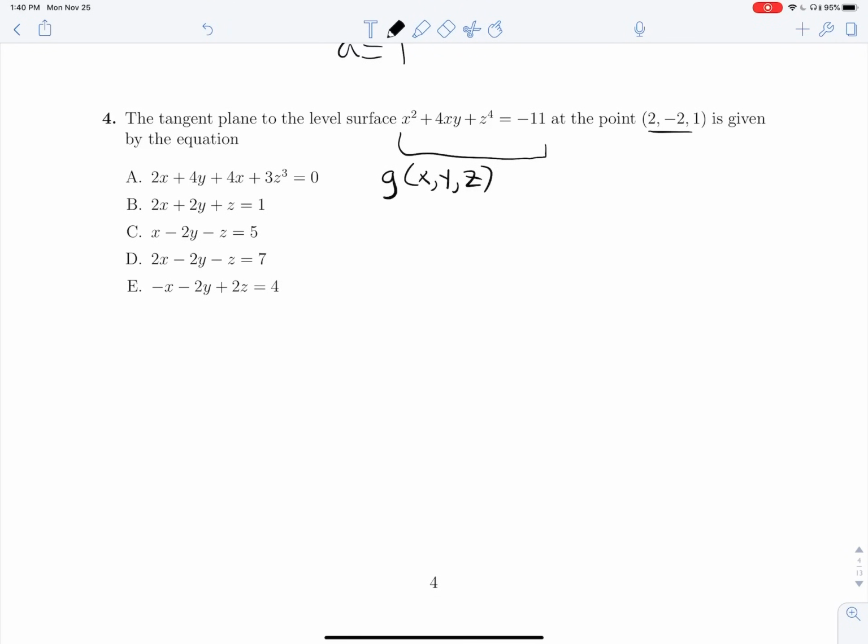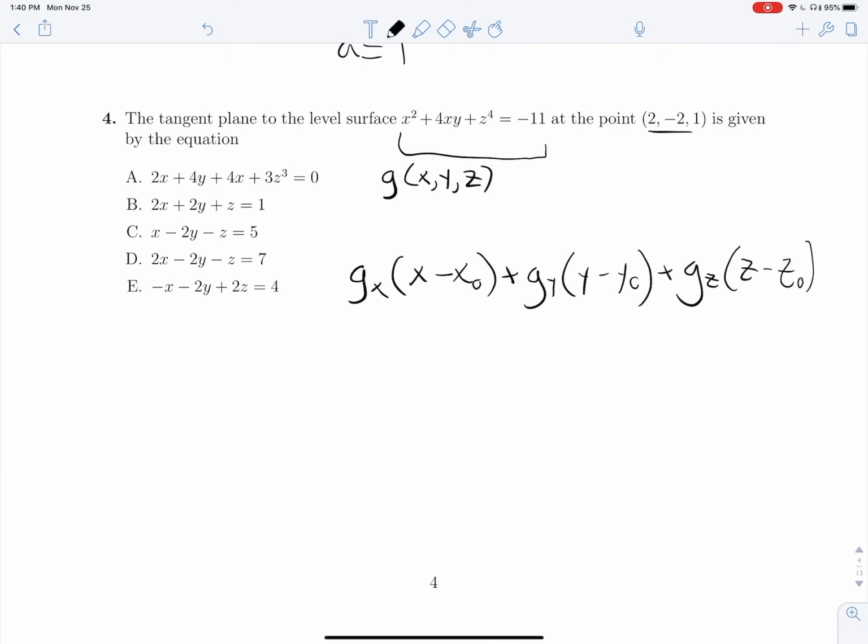We know that our tangent plane is going to be g, start with x, gx, x minus x naught, plus gy, y minus y naught, plus gz, z minus z naught. And so we can solve for all of these, and we should have our tangent plane.